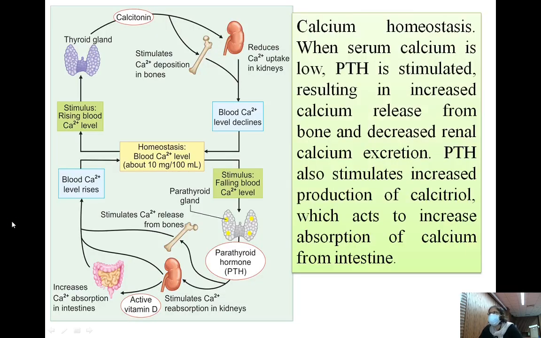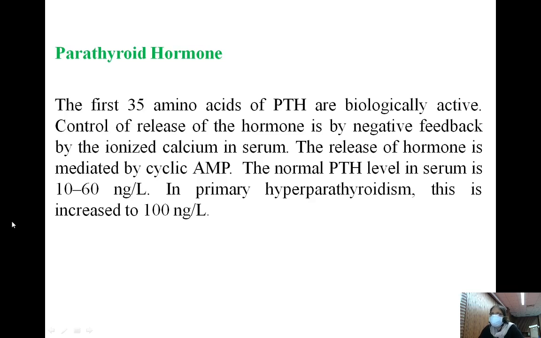In calcium homeostasis, when calcium is low, parathyroid hormone is stimulated, resulting in increased calcium release from the bone and decreased renal calcium excretion. Parathyroid hormone also stimulates increased production of calcitriol, which acts to increase absorption of calcium from the intestine. What is parathyroid hormone? It is a 35 amino acid peptide.